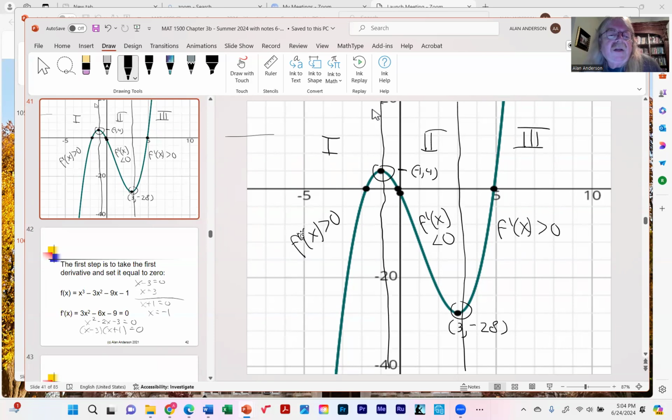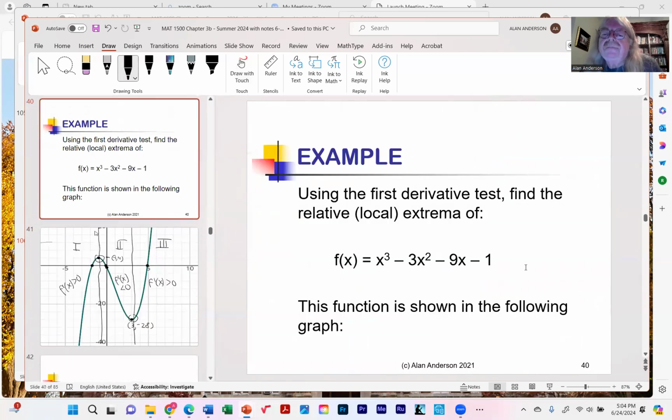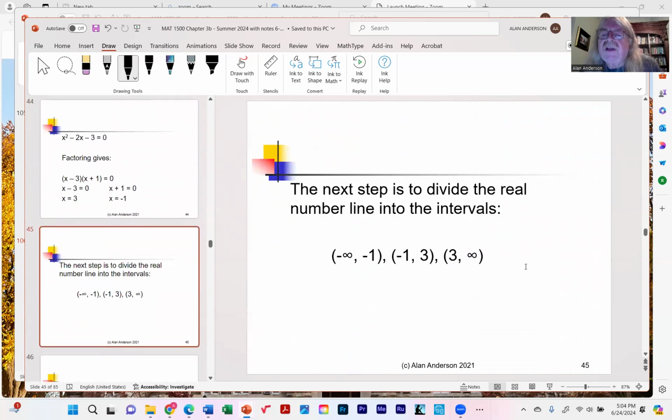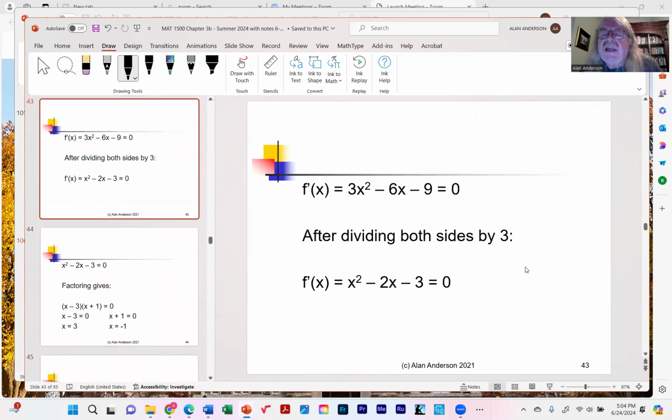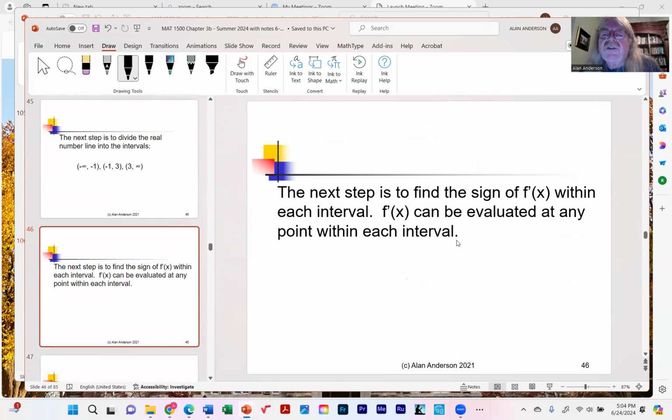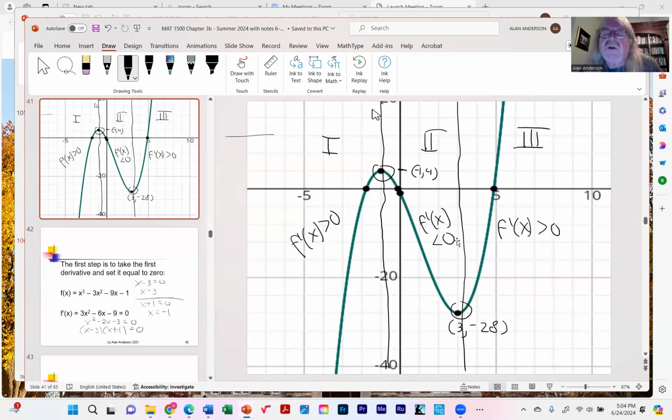And all we really care about here is the signs of these derivatives. Now, you can tell just by looking at the graph, but you could also calculate the first derivative on either side of the critical values.